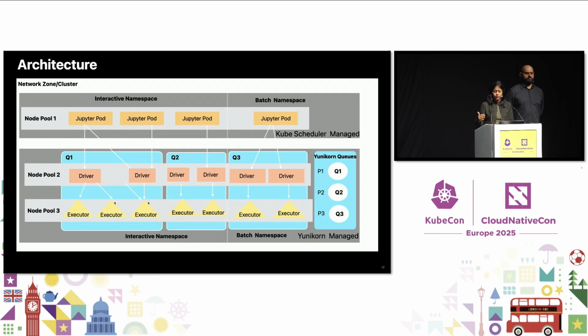So this architecture provides us workload separation, grouping them based on similar configuration, and streamlining lifecycle management for each type of workload. The other advantage we see here is that putting the driver and executors in the same network zone helped us provide better shuffling and reduced shuffle latency.